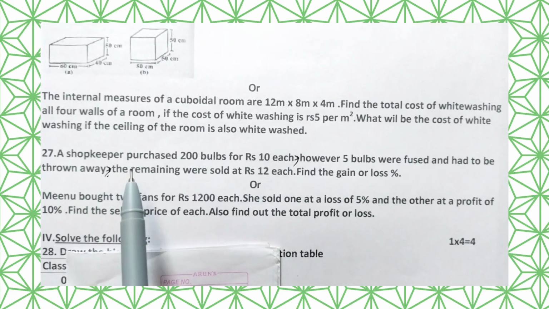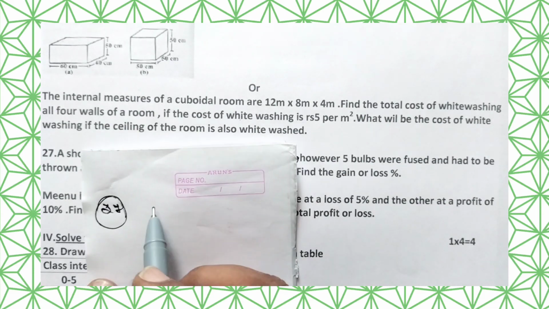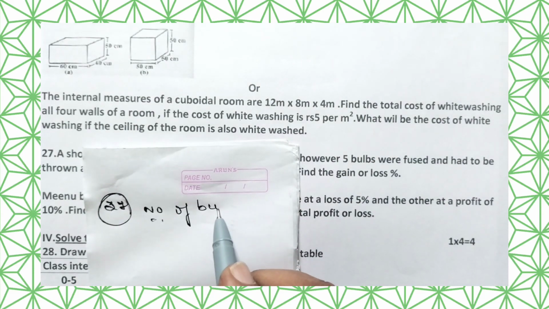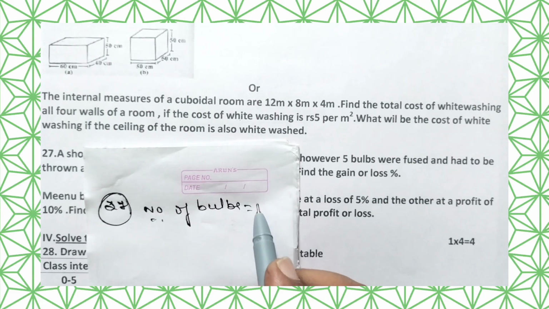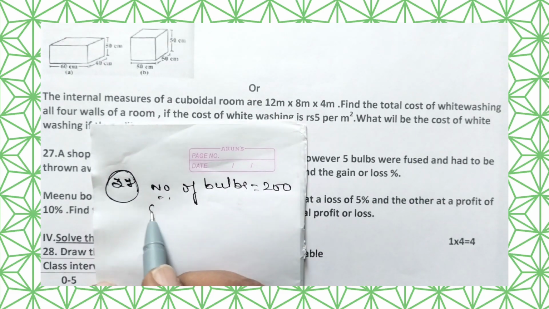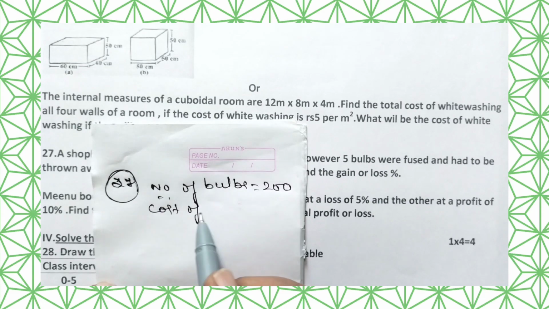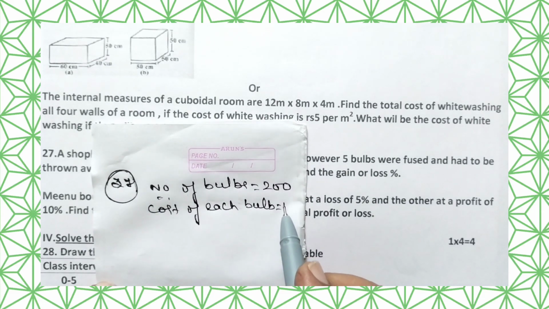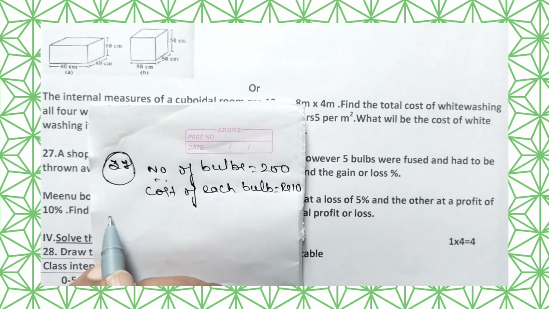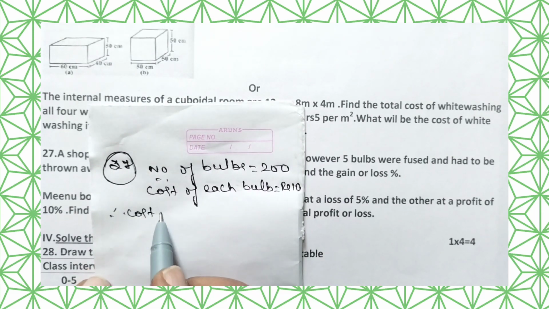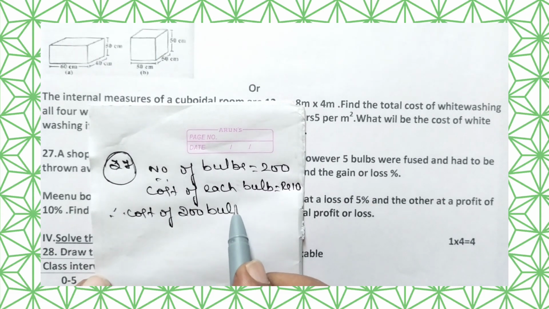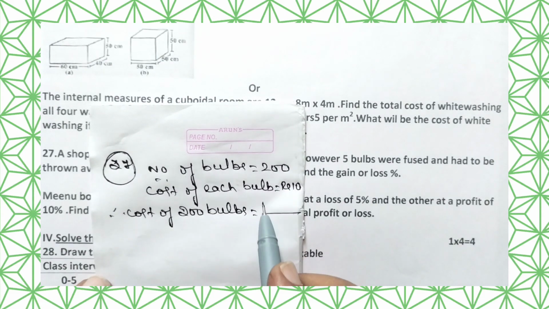So shopkeeper purchased 200 bulbs for rupees 10 each. So number of bulbs is equal to 200. Cost of each bulb is equal to rupees 10. Therefore cost of 200 bulbs is equal to dash rupees.